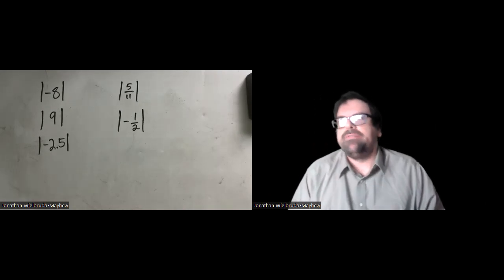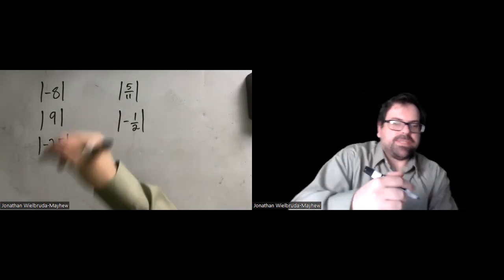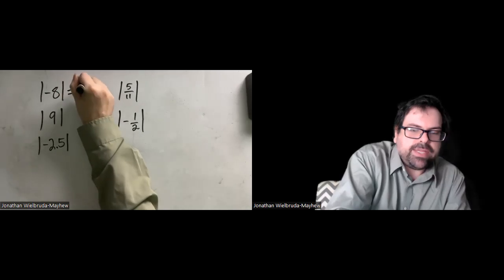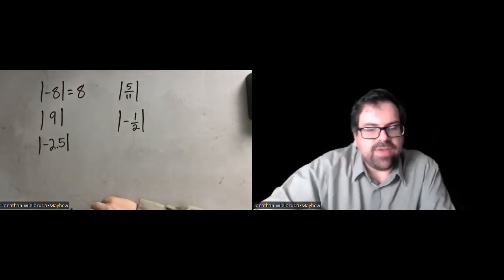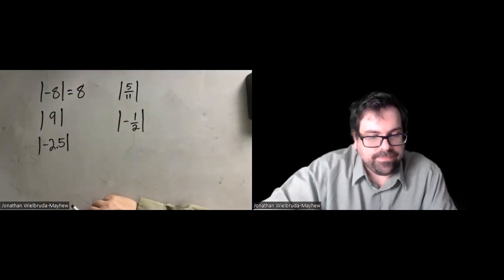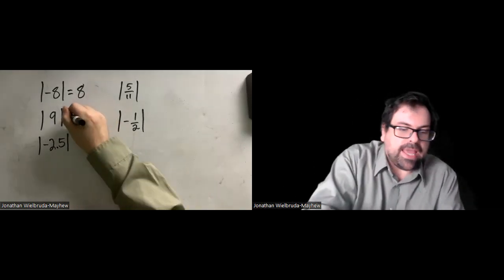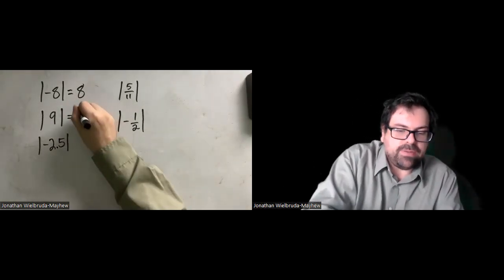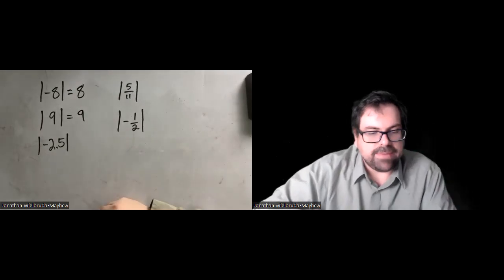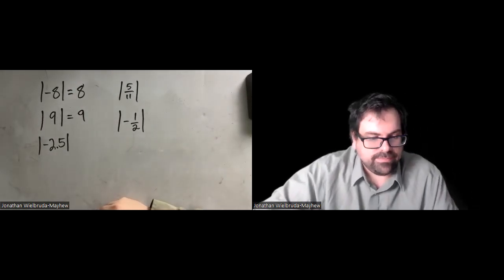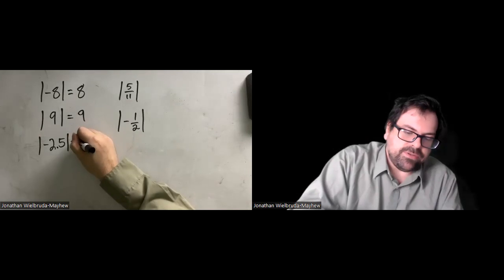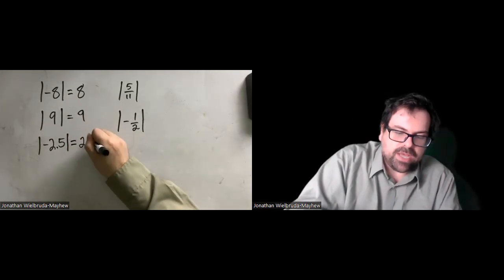Okay, let's do these 5. The absolute value of a negative number is the positive version. So the absolute value of -8 is 8. The absolute value of a positive number is itself. Absolute value of 9 is 9. Absolute value of a negative number is the positive version.